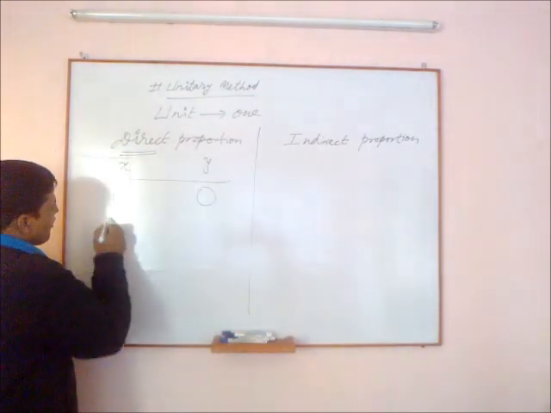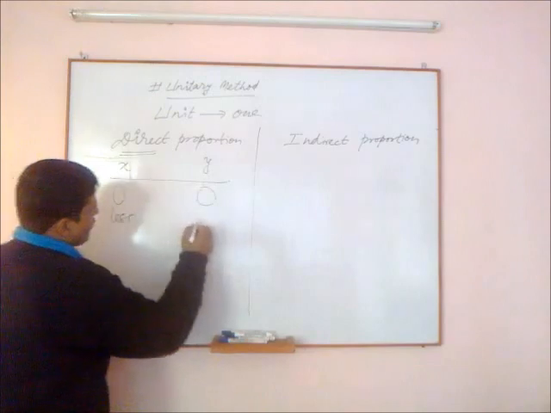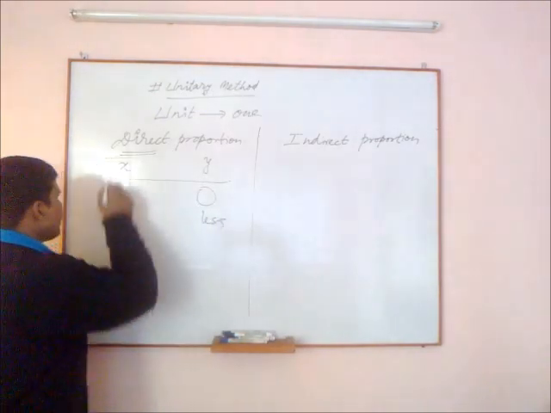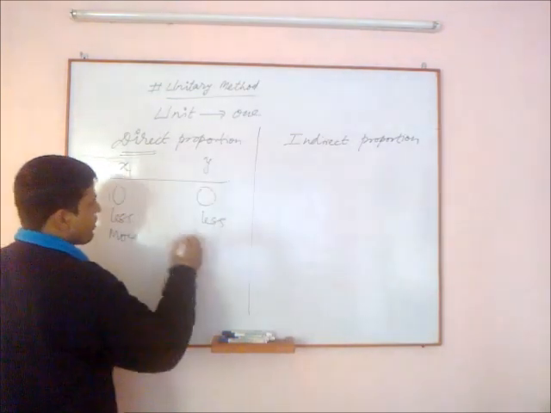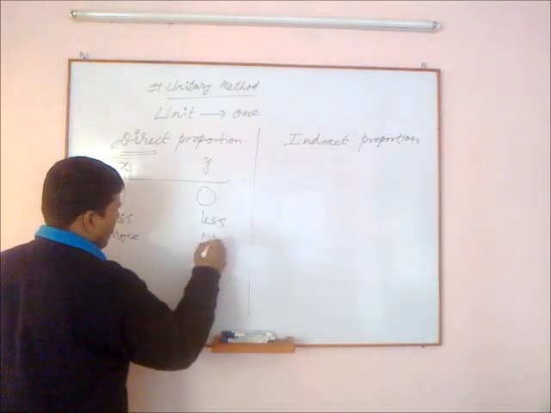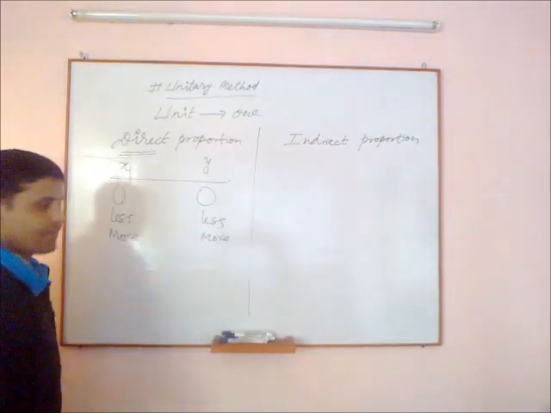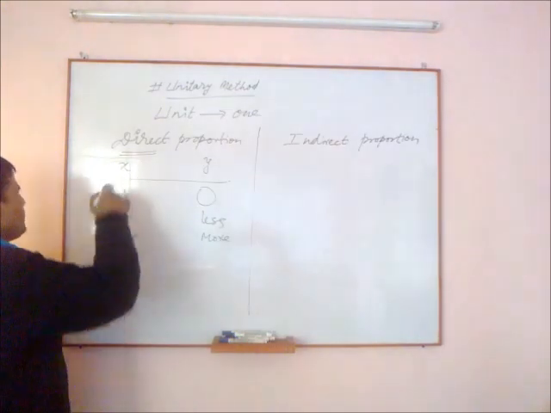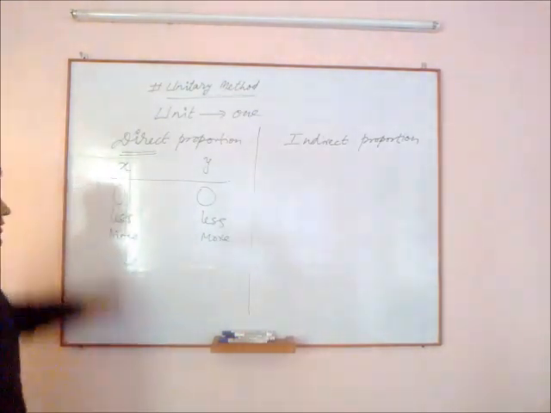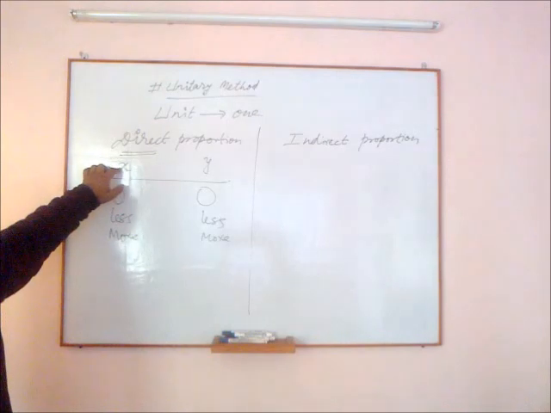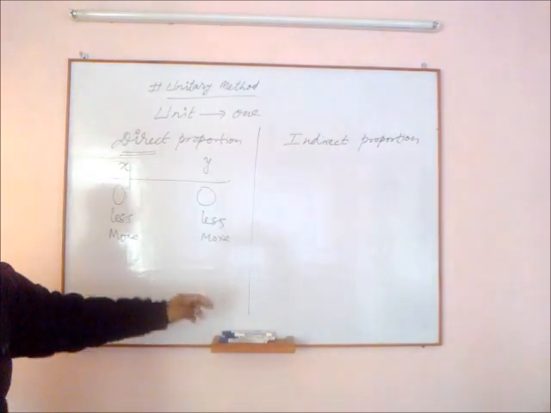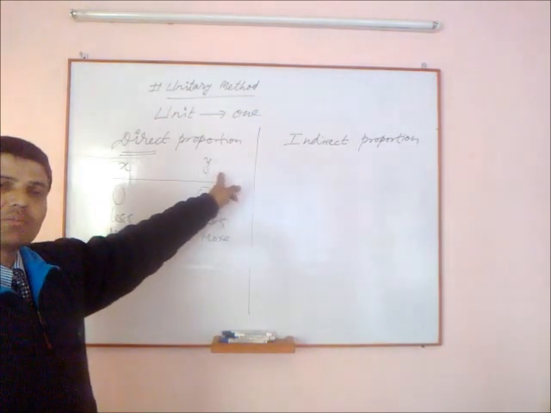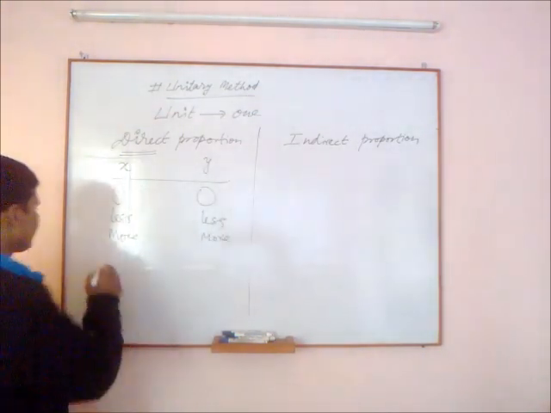Suppose if the value of x is less, value of y also will be less. If the value of x is more or increased, then the value of y also will be increased or more. It means if we divide this x or this variable by certain number, we also have to divide this variable by the same number.